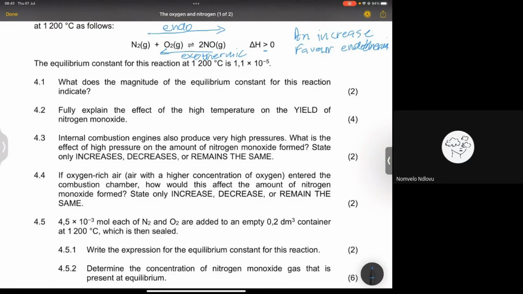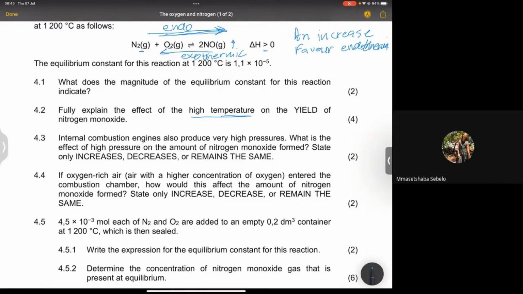But which reaction is endothermic? It's the forward reaction. So in this case, high temperatures will actually favor the forward reaction, and therefore it will increase the yield of nitrogen monoxide. When we favor the forward reaction, we are using up the reactants to form products. As a result, the yield of nitrogen monoxide will be improved.